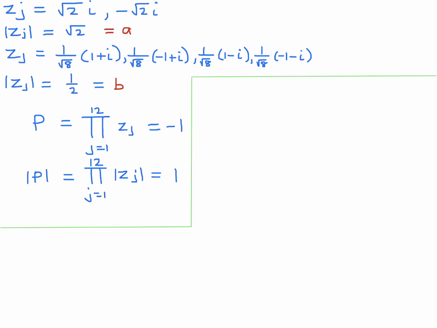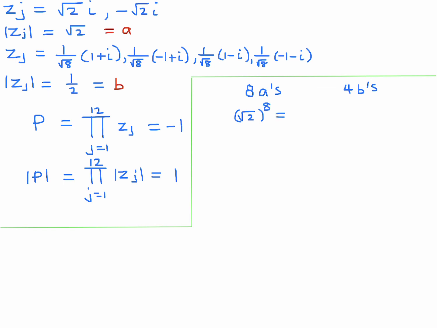Well, after you fiddle around with this and think about it, that will happen if you choose 8 A's and 4 B's. Because these are the A's, and each one has a magnitude of root 2, if there's 8 of them, it would be root 2 times root 2, 8 times.